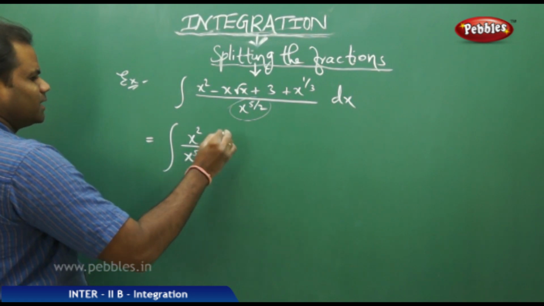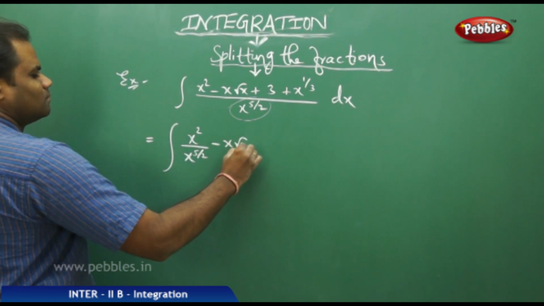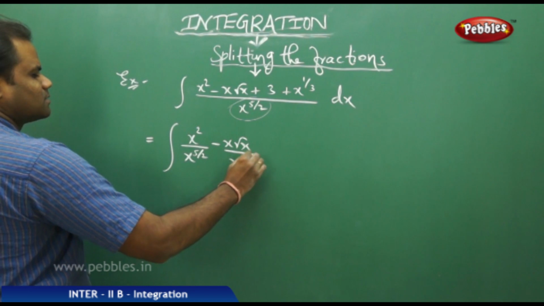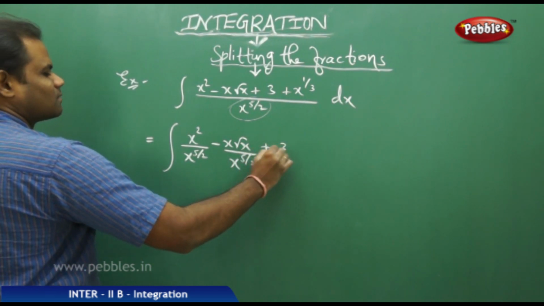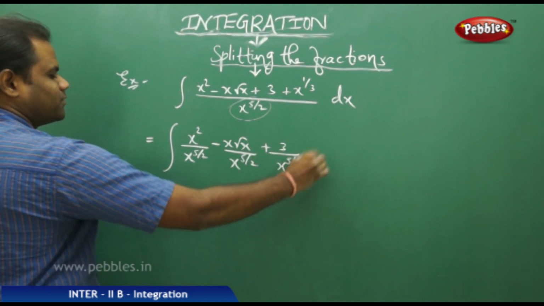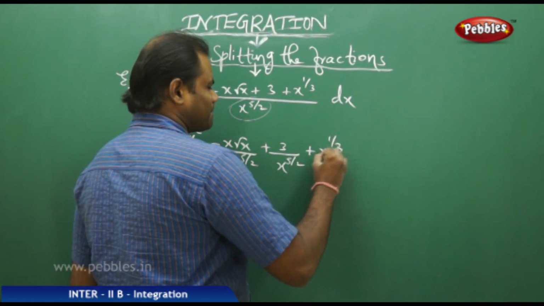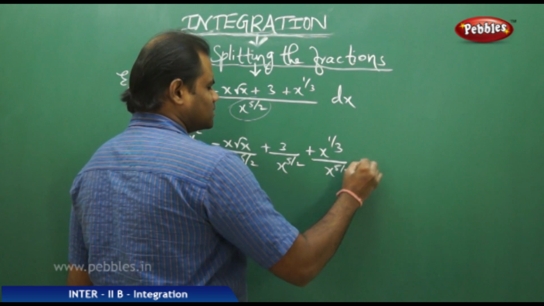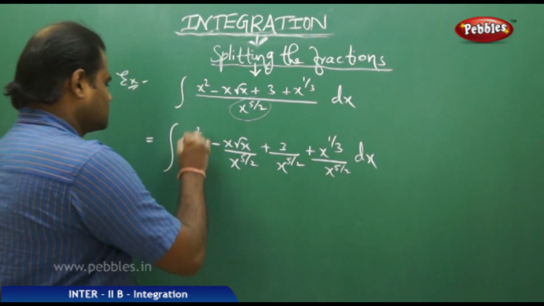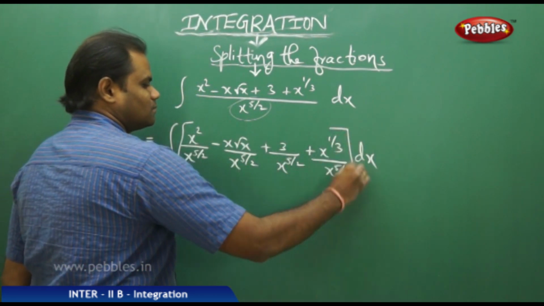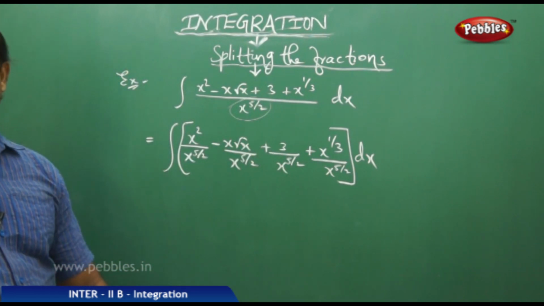x squared by x power 5 by 2, minus x root x by this, plus 3 by this, plus this of dx is what we get.